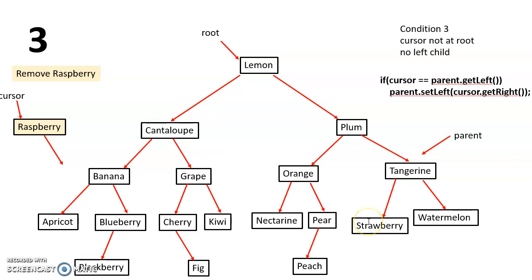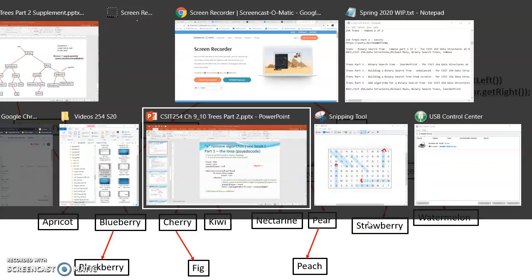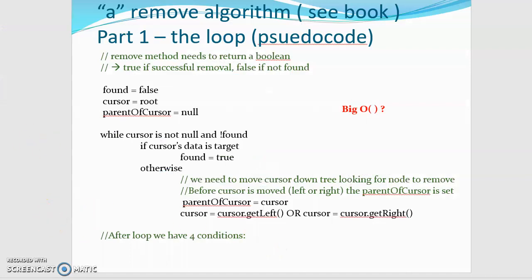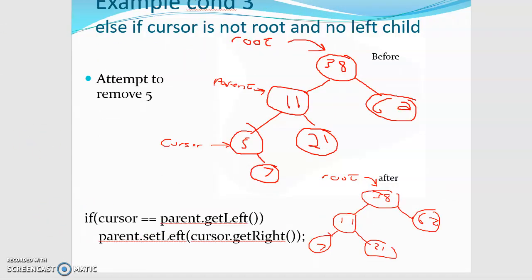What this set of slides doesn't have, but if you look back at my slides online, that I have the other condition here. So this is the first condition, in this case removing 5. And so that's where the parent set left, cursor get right.